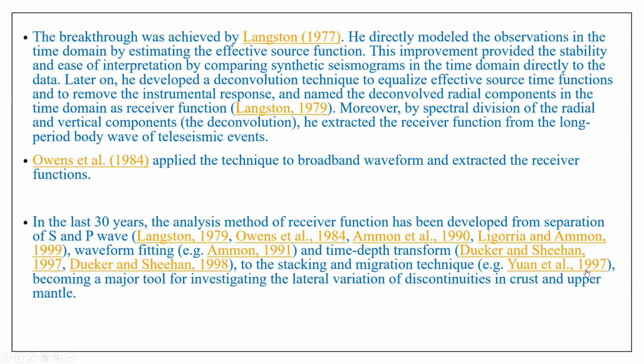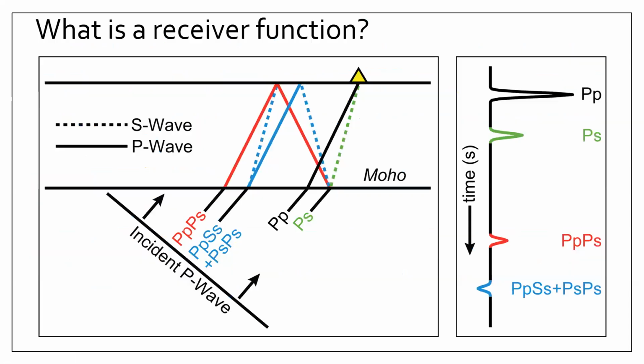Quite well-known figures are Langston, Owens, Ammon, and Ligoria, who developed the iterative time domain deconvolution technique, and then waveform fitting, time depth transform, and the stacking and migration techniques were developed by Yuan in 1997, so that lateral variations of the discontinuities in the crust and mantle can be investigated. So the question comes, what is a receiver function?